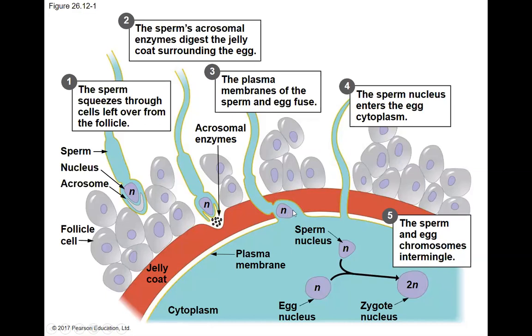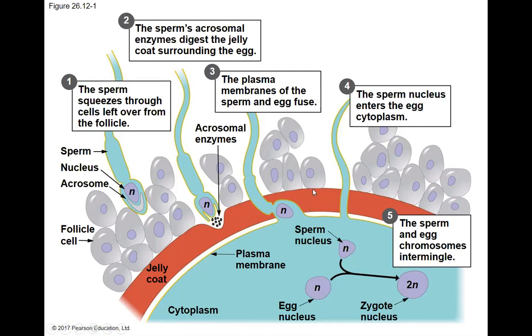Once the fusion of the two membranes happens, the genetic material of the sperm is released into the egg, and then the sperm and the egg chromosomes will mix together. So now we have 23 chromosomes coming from the sperm, 23 chromosomes coming from the egg, and we end up with the zygote nucleus containing 46 chromosomes. So this is what fertilization basically is.